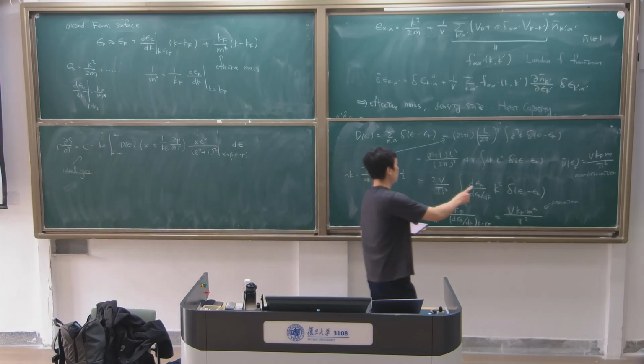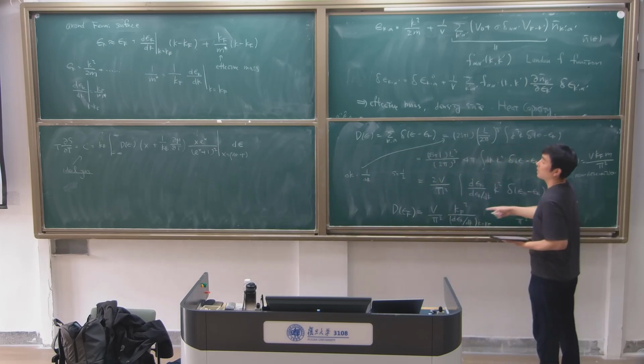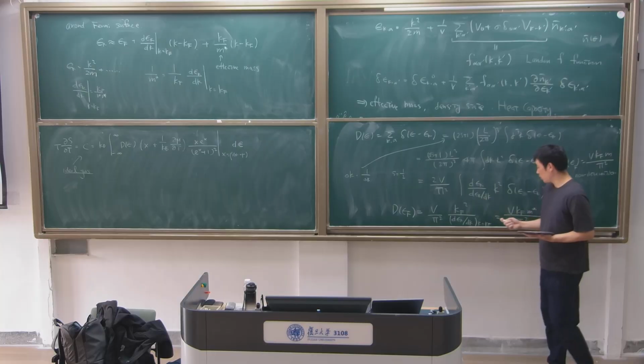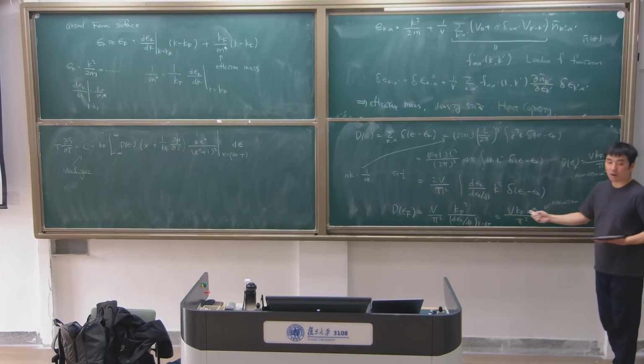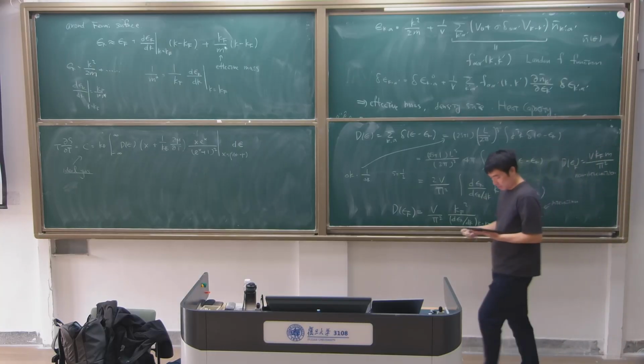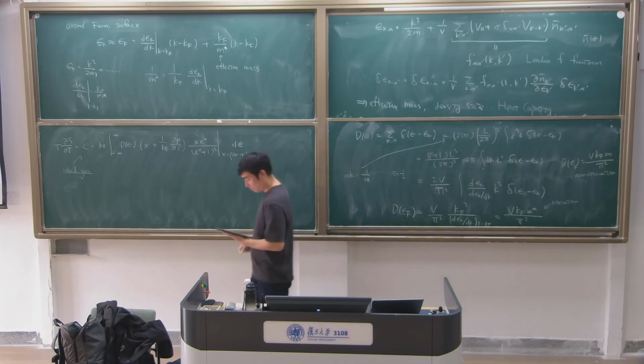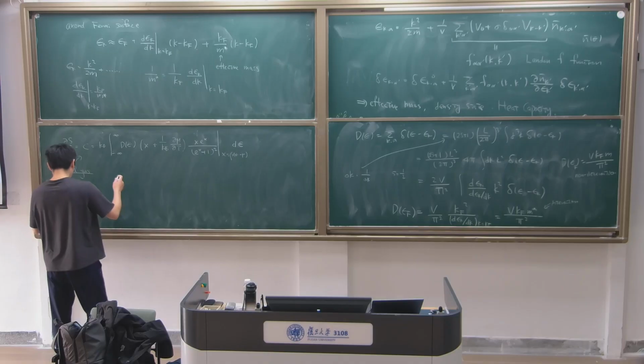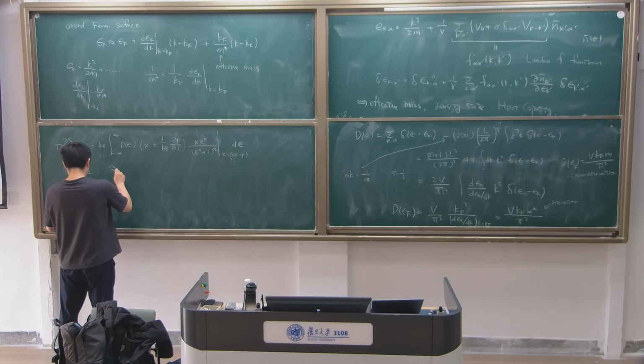So we should use the same density of states. But the only difference is just replacing m by m star. And if you do that computation, this will give you roughly... So this is already derived as before.